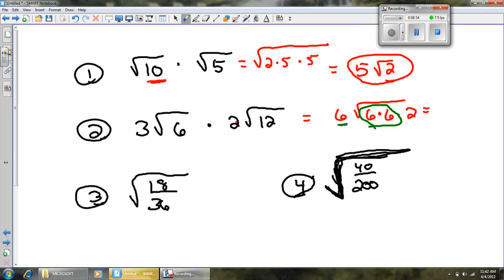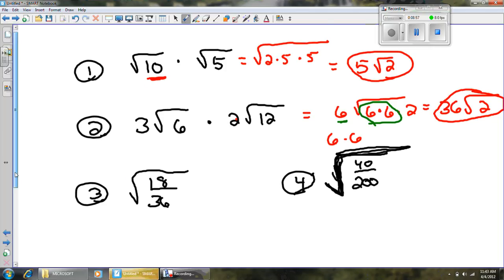No, it's not going to be 66 out front. That would be silly. It's going to be 36, because these 6s leave the house and have a 6 times a 6, which is where I get my 36. The 2 is left in the house washing his hair. There you go. 36 rad 2 is the simplified answer.